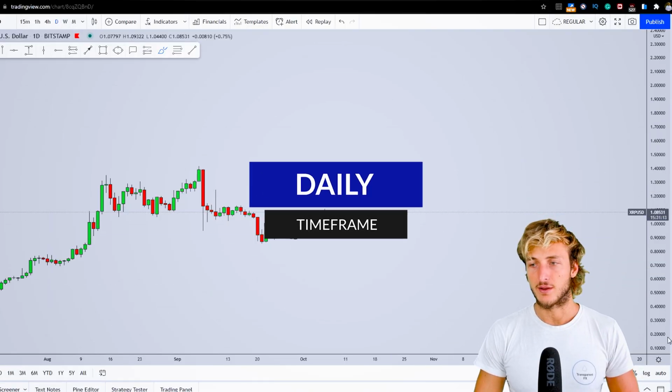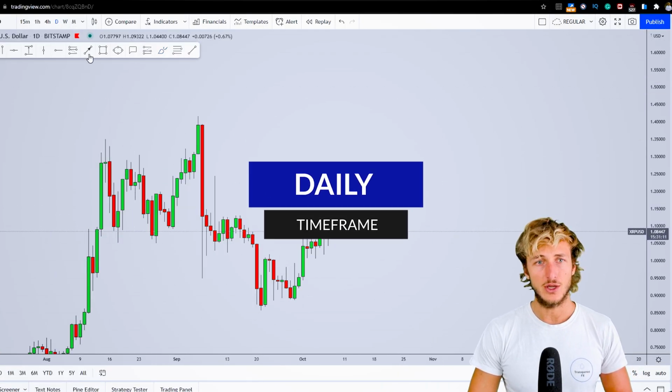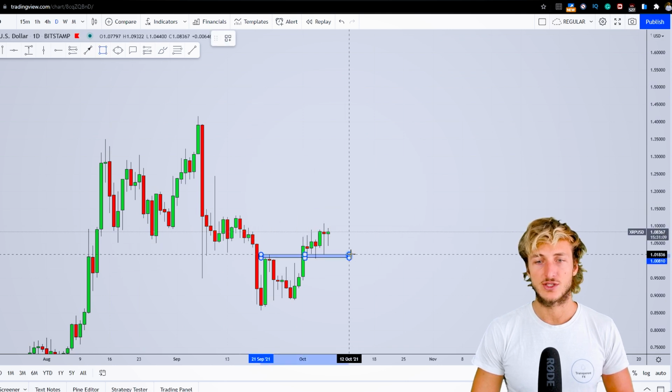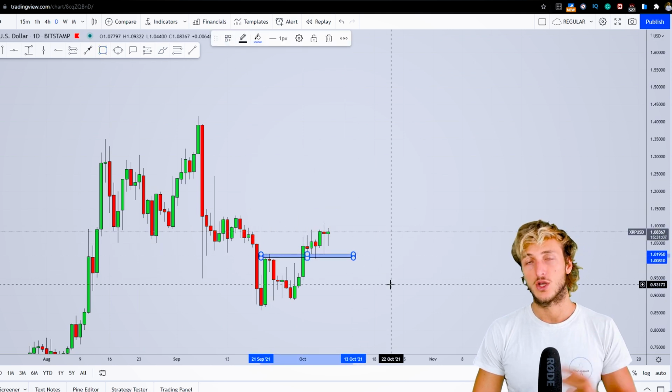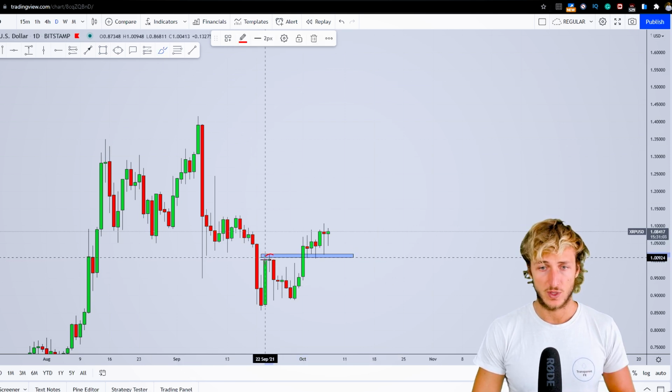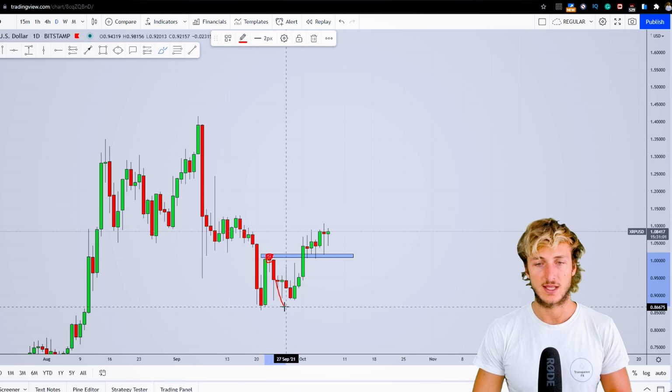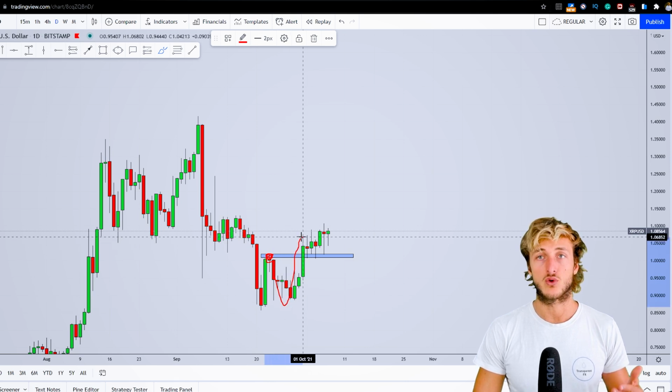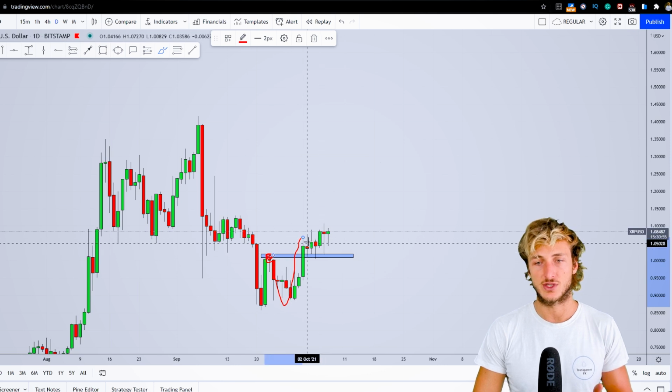Going down on the daily time frame, what do we have? Here on the daily, we can see how the market has just broken and retested two quite important daily structure levels. In fact, we can see how exactly from here the market had started this move to the downside. The market then broke above that zone, and at that point, as you know, in the market, previous resistance is turned support.